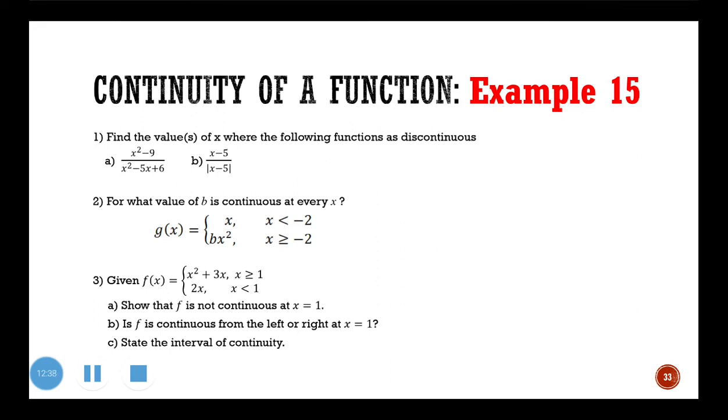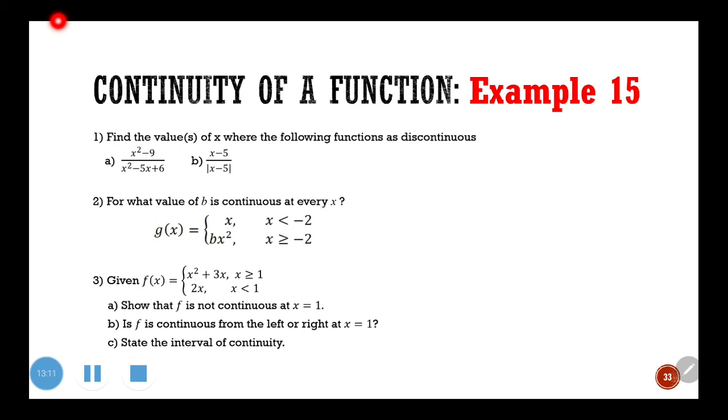Number 2 here: for what value of b is g continuous at every x? Given a function g(x), where g(x) equals x for x less than negative 2, and equals b x square when x is more than or equal to negative 2.